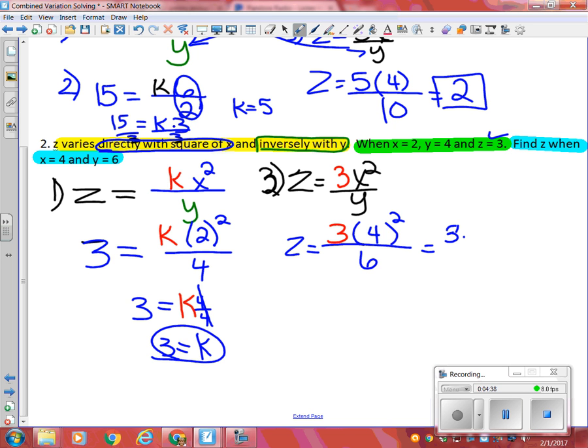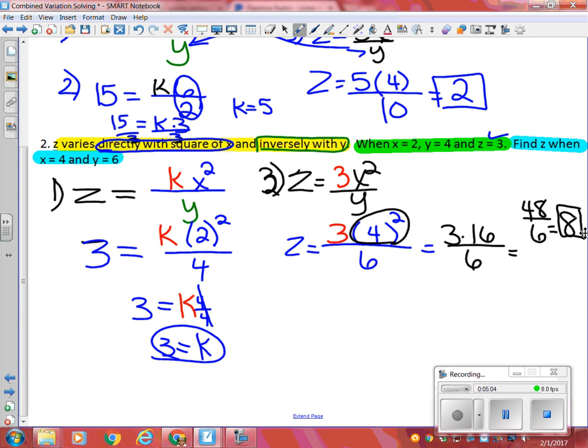Now make sure that you do your exponents before you multiply. So that's 3 times 16, because 4 squared is 16. So that's 3 times 16 over 6. 3 times 16 turns out to equal 48, and 48 divided by 6 is 8. The answer to the second problem is 8.